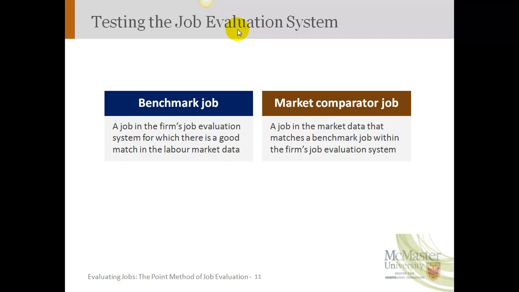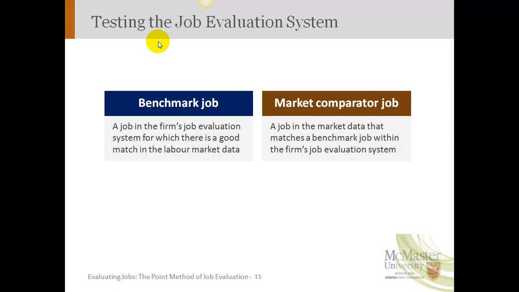The other thing we want to look at when we're testing a job evaluation system is, if we know our system is valid and reliable, or if we believe it to be valid and reliable, to test that validity and reliability, we might want to pick some benchmark jobs. So those would be jobs where there's a good amount of data from the work environments outside of our organization that we can compare to.